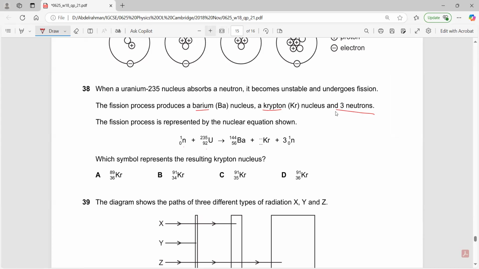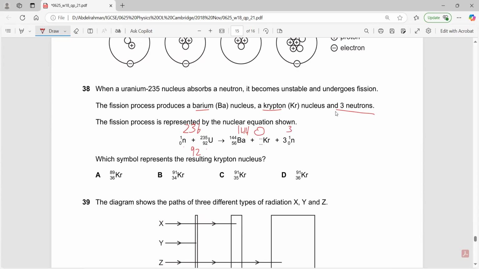Simply balance the mass number. On the left-hand side, you have 236, and the atomic number is 92. On the right-hand side, you need the mass number to also be 236. So you have 144 and something in krypton, and 3. This is not 1, this is 3, because you have 3 neutrons.